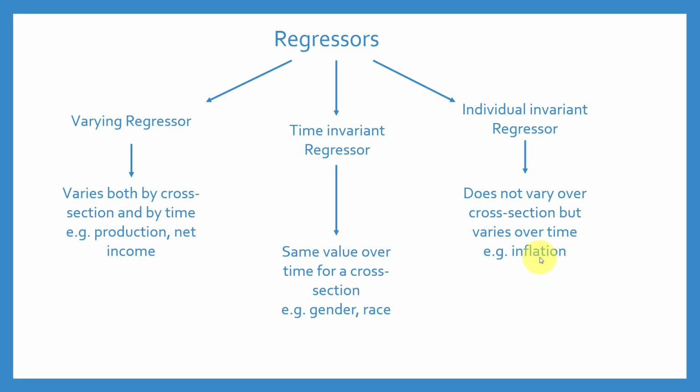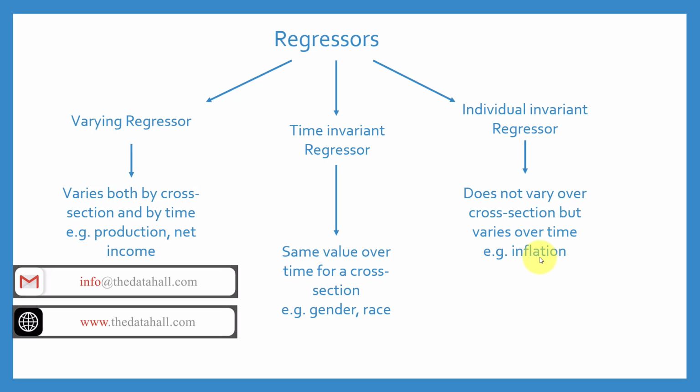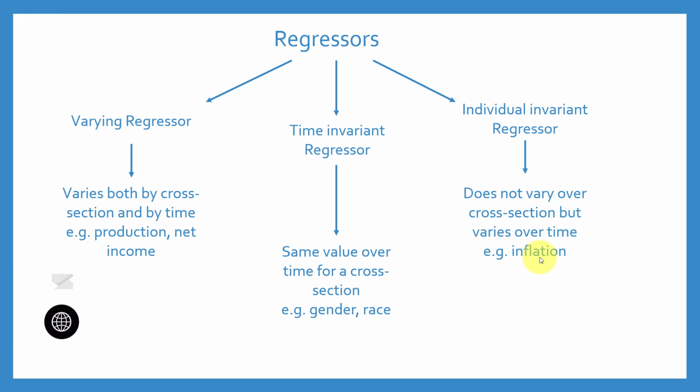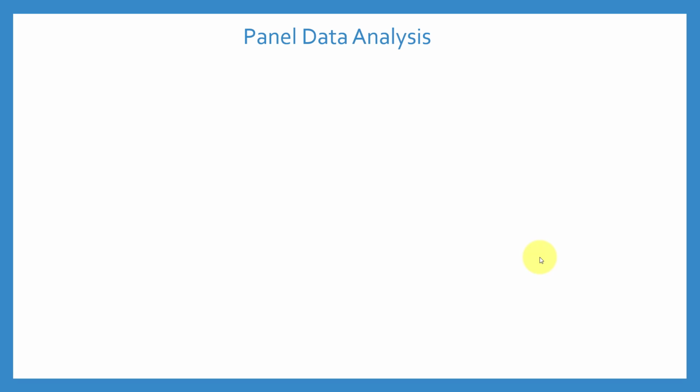For year 2020, the inflation would be the same for all the firms taken from the same country. So inflation would vary over time, but for the same country it would be individual or cross-section invariant.